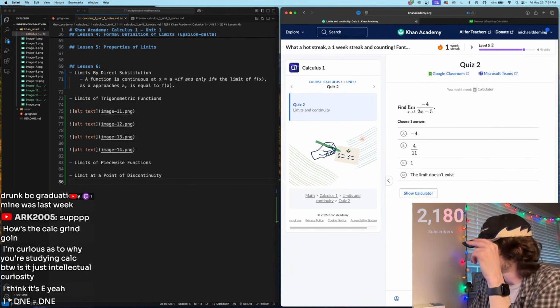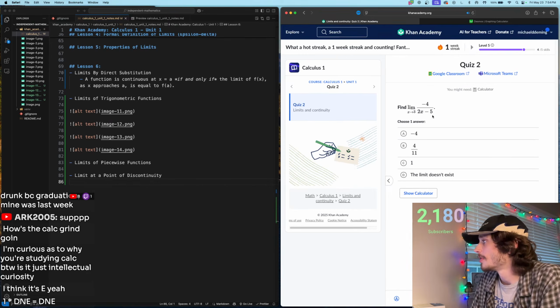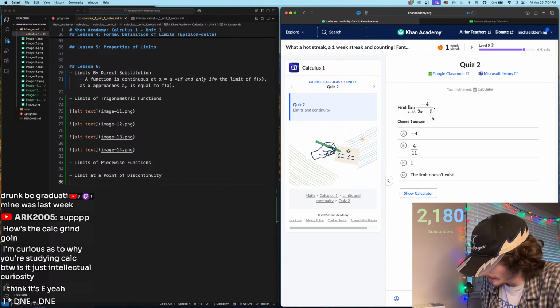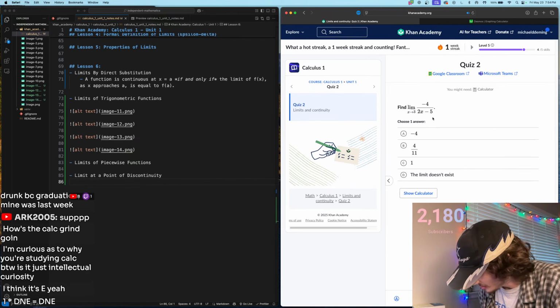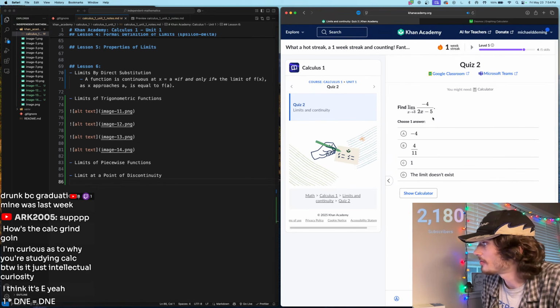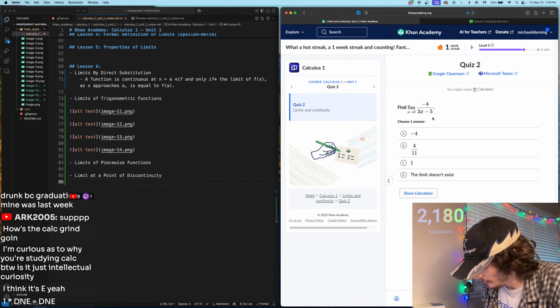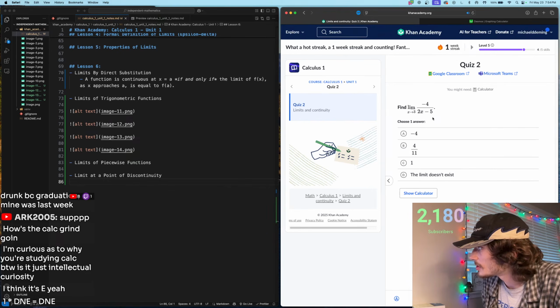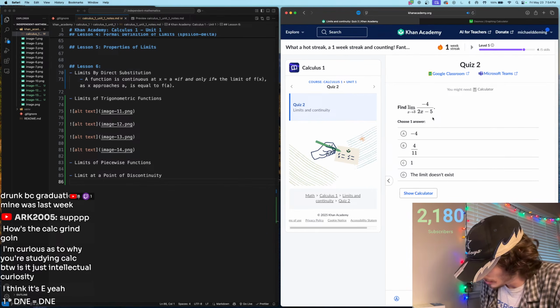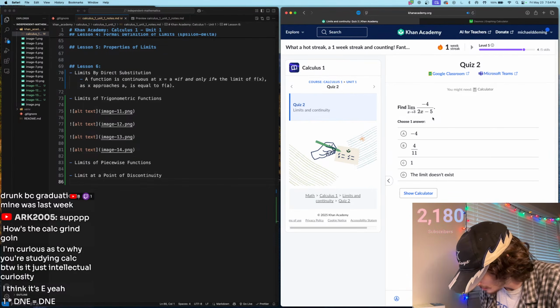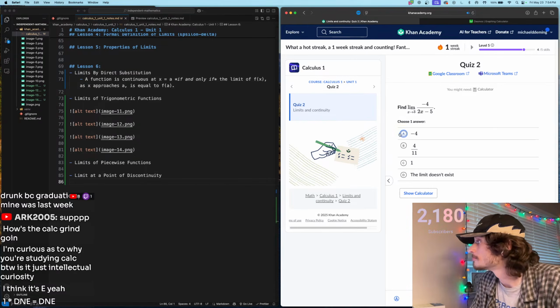All right, here we go. We want to find the limit as x goes to 3 of -4 over 2 times x minus 5. So -4 over 2 times 3 minus 5. -4?